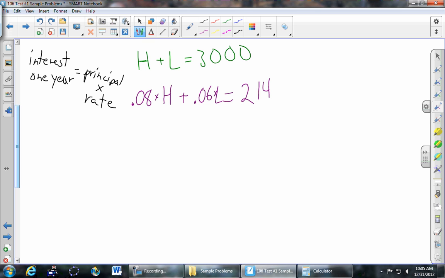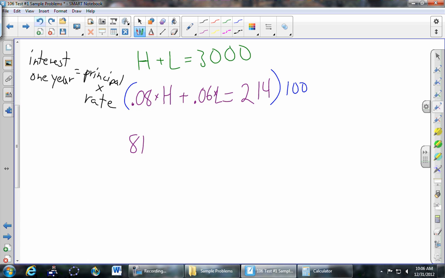Now the first equation looks pretty good to me, but the second equation has all these decimals in it, and I don't want to have those decimals. So I'm going to multiply everything in the second equation by 100 just to get rid of all the decimals. Multiplying by 100, remember, moves the decimal point over 2 places to the right. So 0.08 becomes 8.